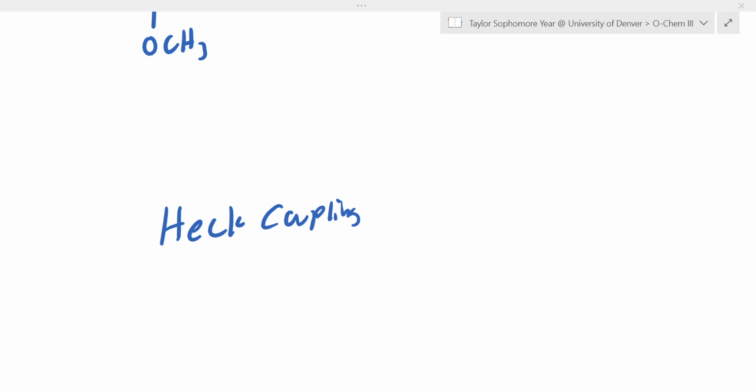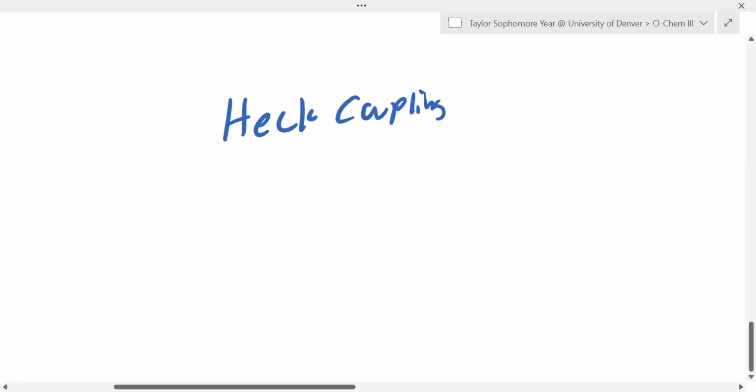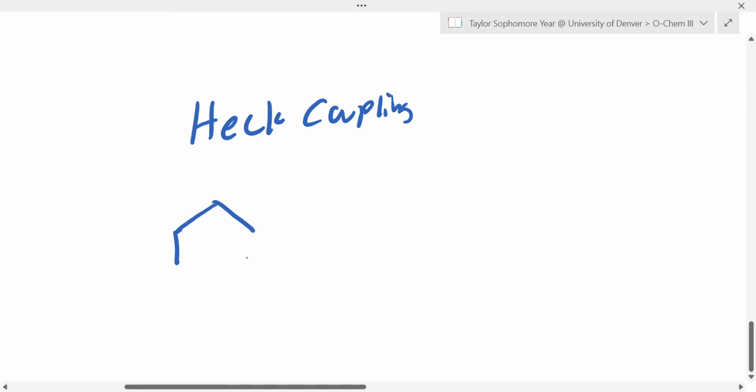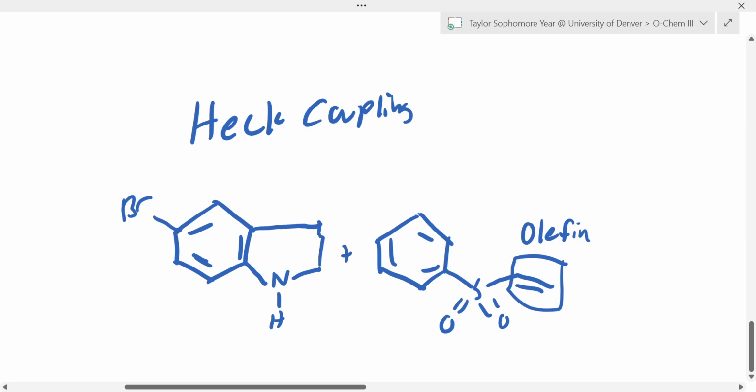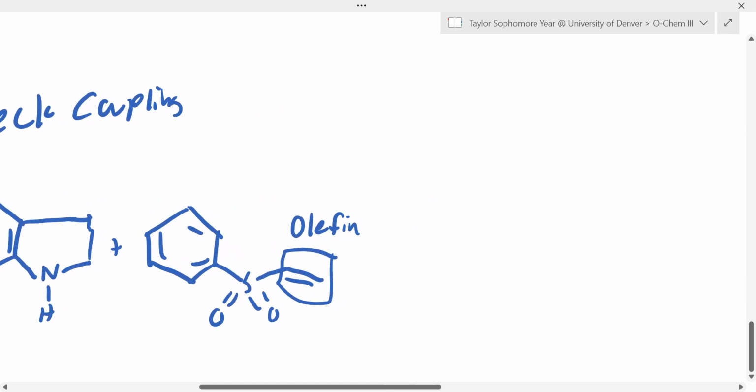So when we're thinking about this, we have, for example, this hydrogen plus here, and then right here is what we call the olefin, and this will be used when combining and rotating our reaction.